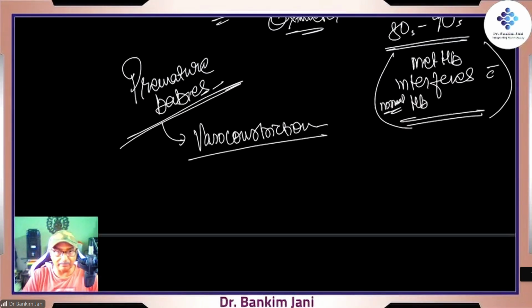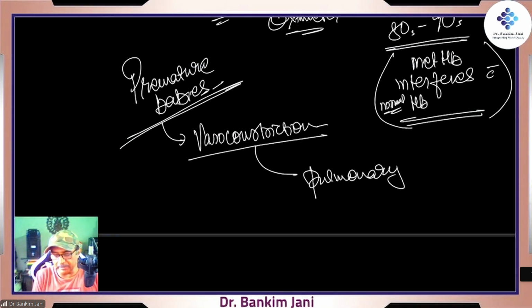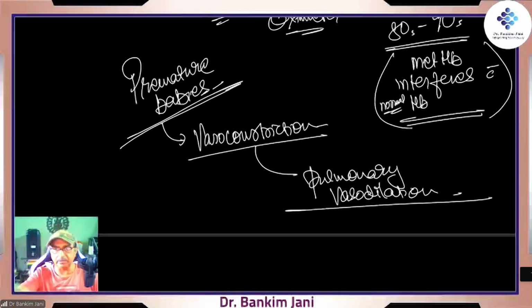We require pulmonary vasodilation, and you tell the sister that okay, start nitric oxide, because everyone knows that nitric oxide is a vasodilator. The moment it is done, you will find that the baby is becoming dull and dull.